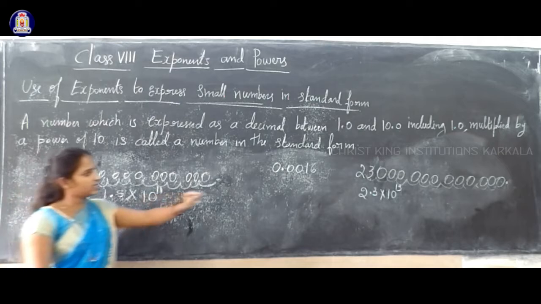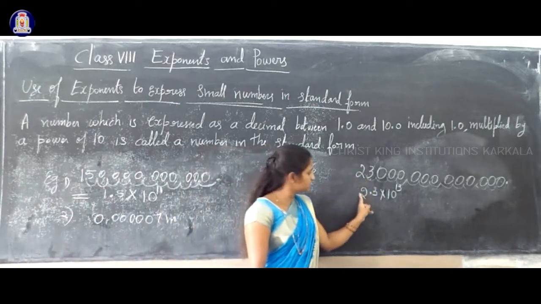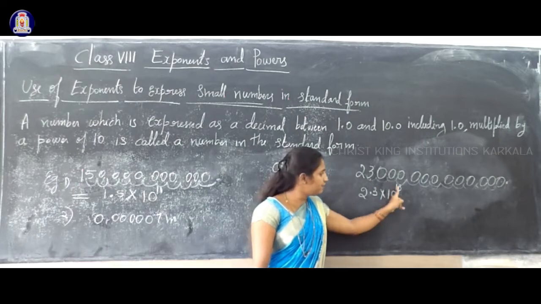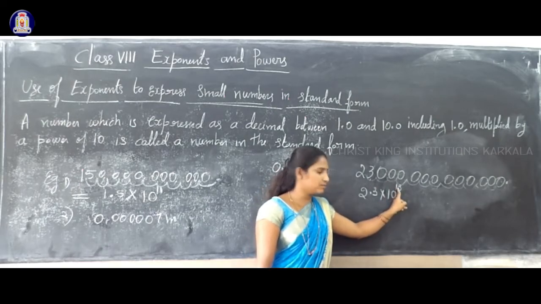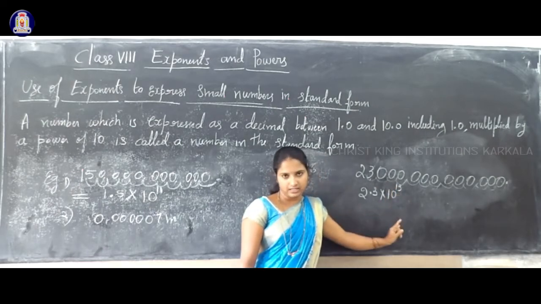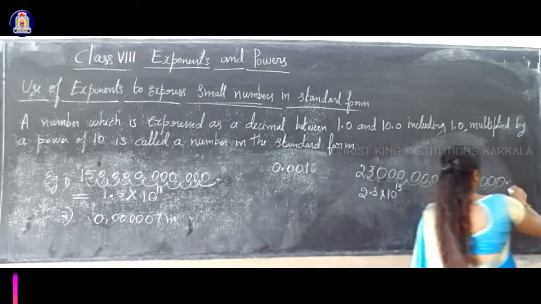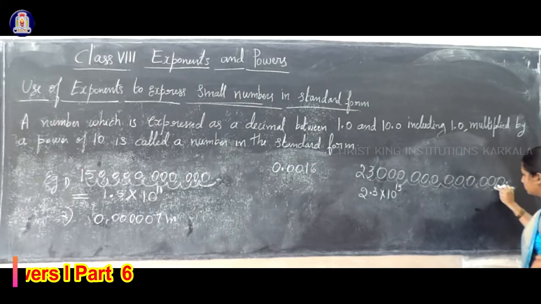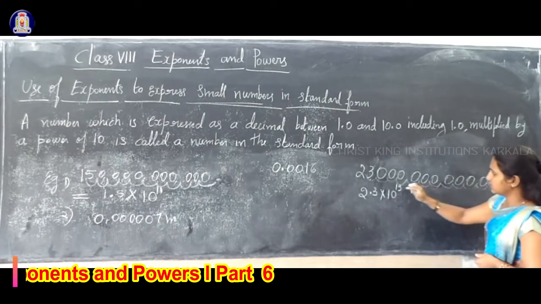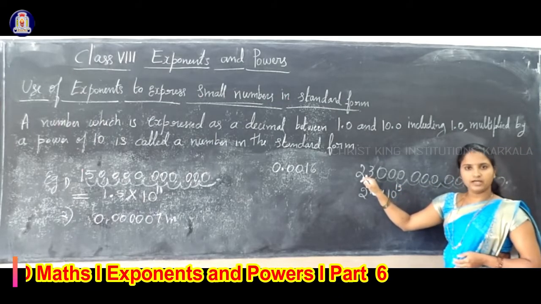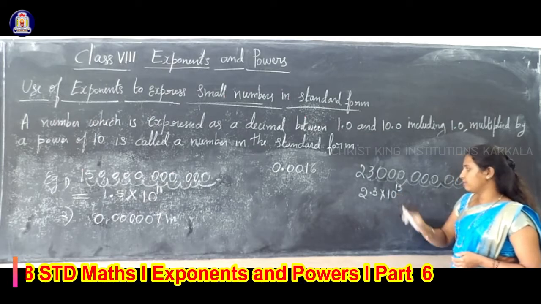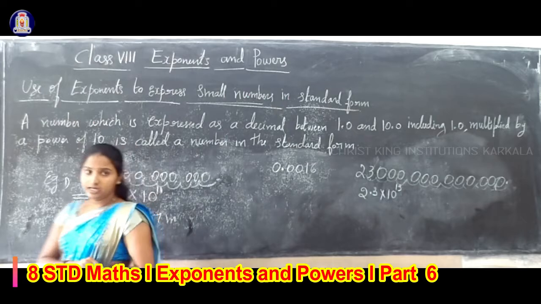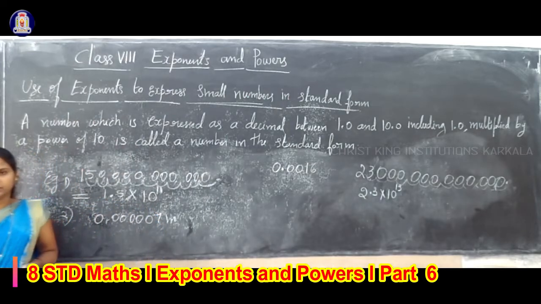Here also, in one more example I wrote 2.3 into 10 power 13, that is plus 13, because the decimal point is in the last, so it is moving to the left-hand side. 1, 2, 3, 4, 5, 6 up to 13 places. So this can be written as 10 power 13. Understood? Large numbers also we can write in a standard form.